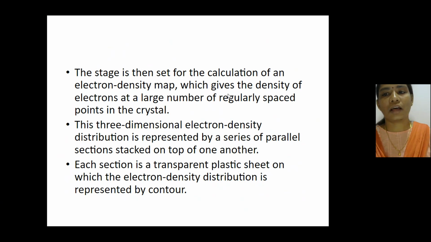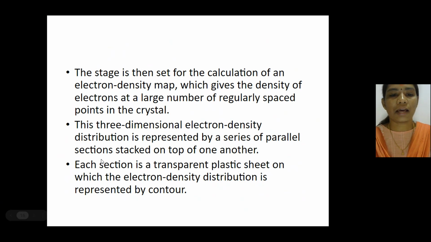It gives a density of electrons at a large number of regularly spaced points in the crystal. This three-dimensional electron density distribution is represented by a series of parallel sections stacked on top of one another. Each section is a transparent plastic sheet on which the electron density distribution is represented by contours.